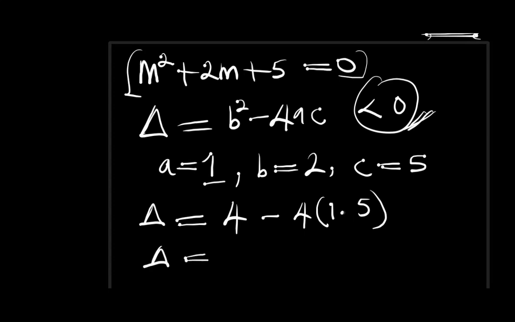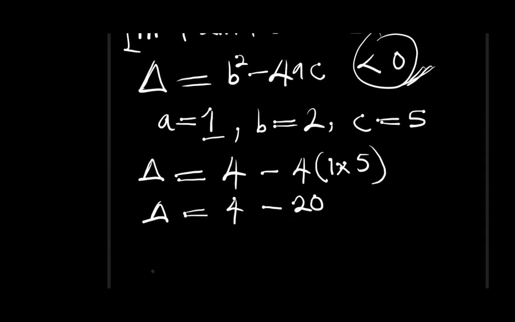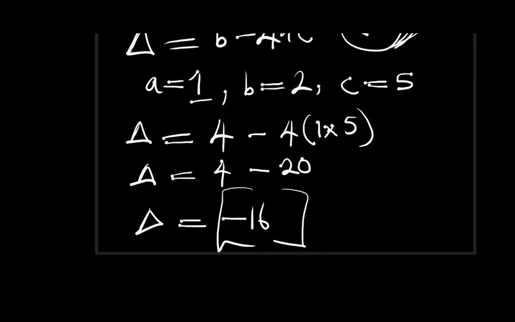This is multiplication, don't forget. So this will give us 4 minus 20, which is negative 16. So from here, the discriminant is actually less than 0.